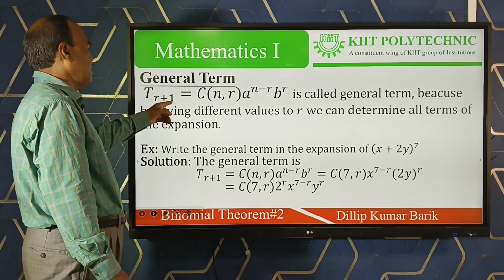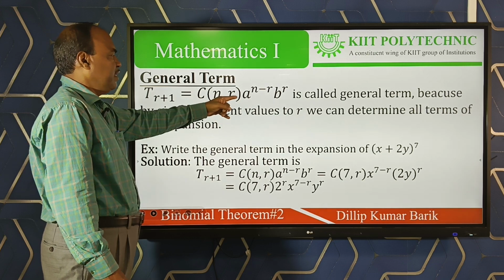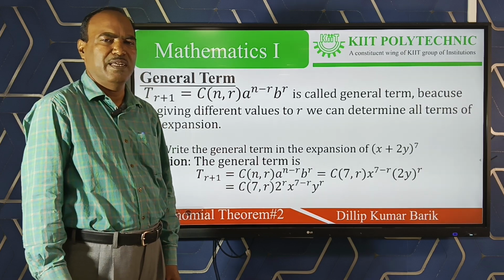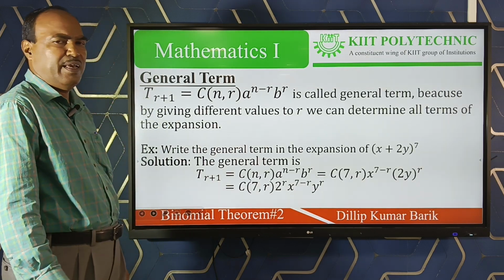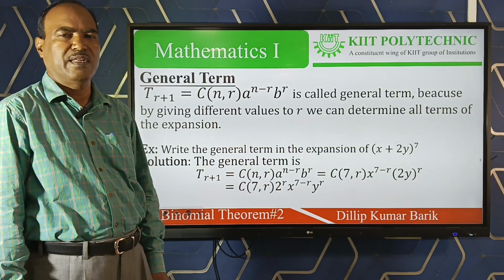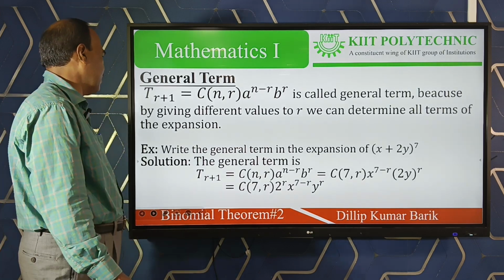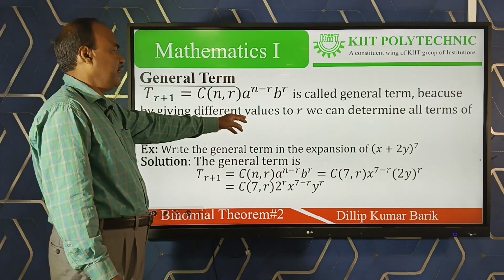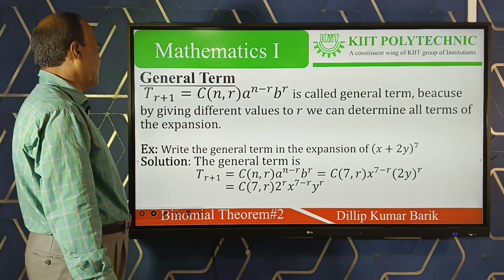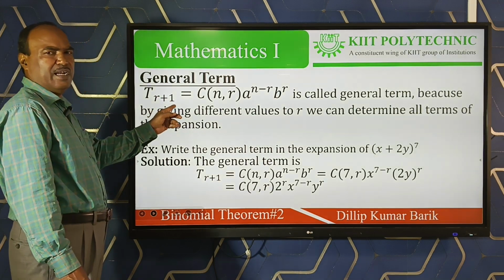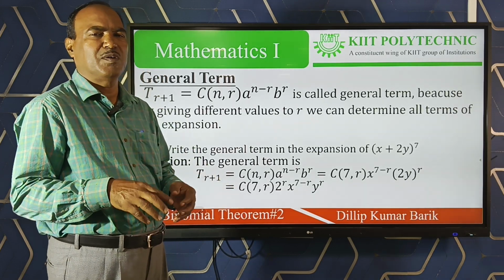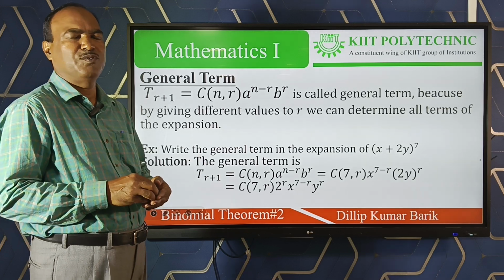T(r+1) is nCr a to the power n minus r b to the power r, where a is the first term of the binomial expansion and b is the second term. n and r, already you know, are positive integers, n always greater than or maybe equal to r, and by giving different values to r we get different terms, or all terms, of the expansion. This one is called the general term. Why is it general? We can use it to find any term of the expansion by giving different values to r.